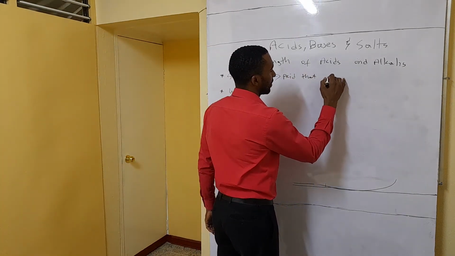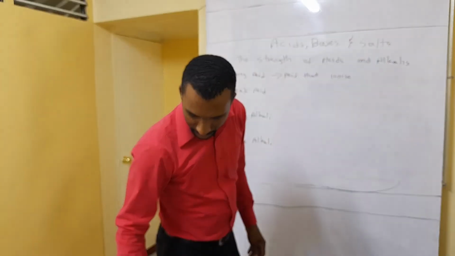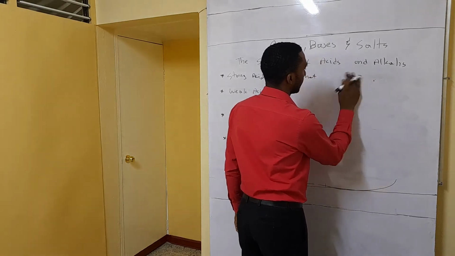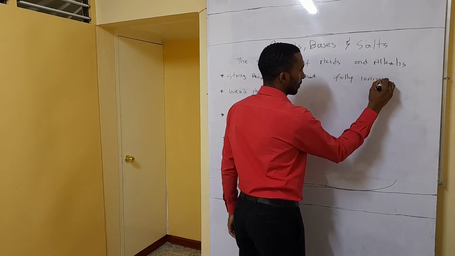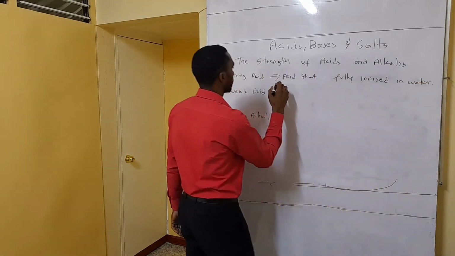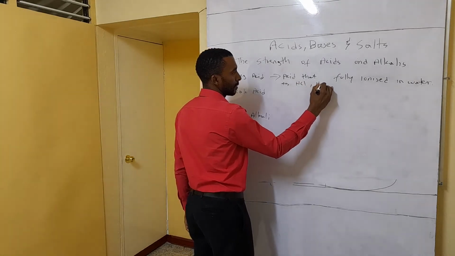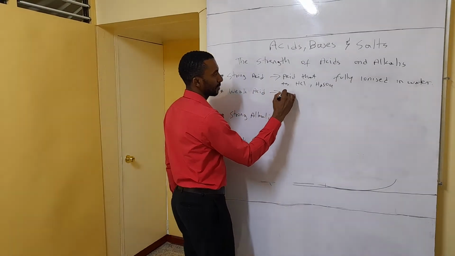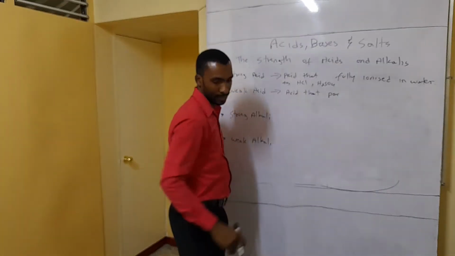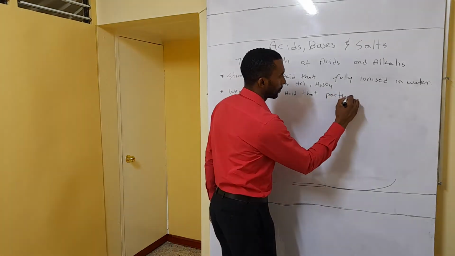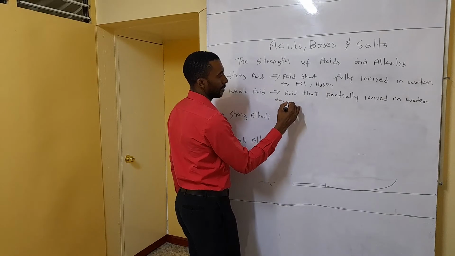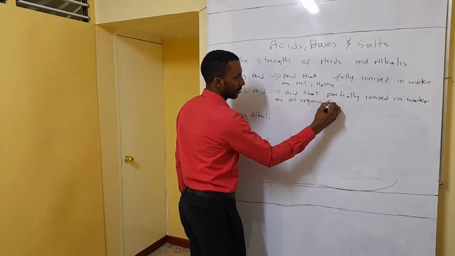Strong acid, for example H2SO4. Right? Weak acid, partially ionized. An example of this is all organic acids.